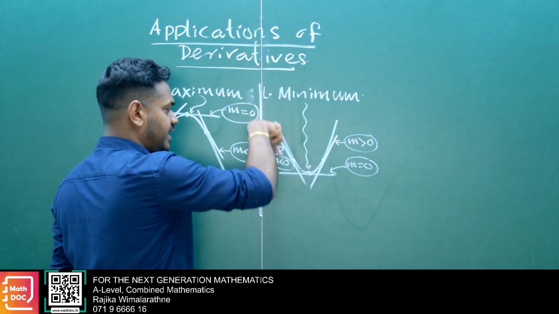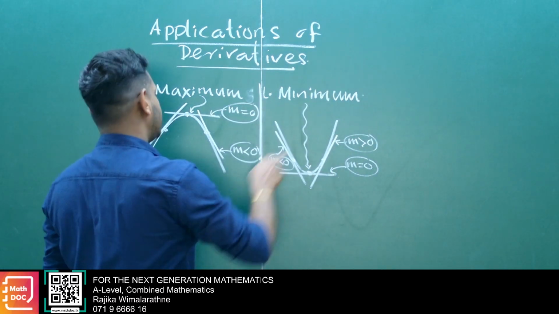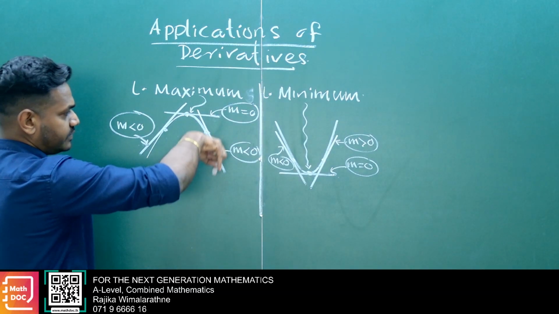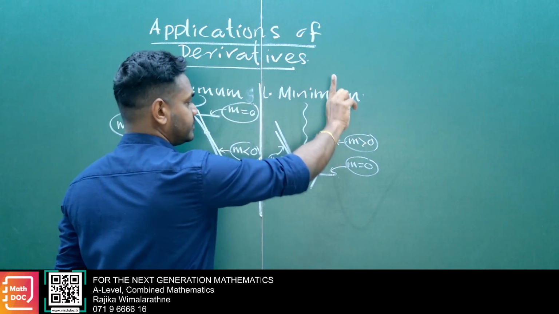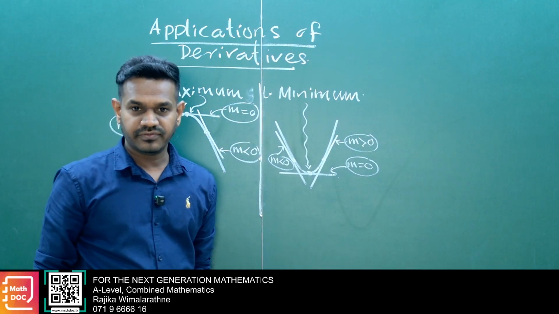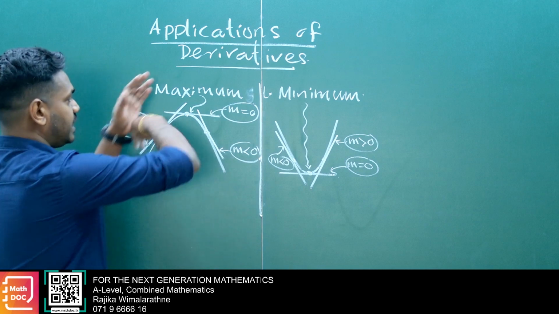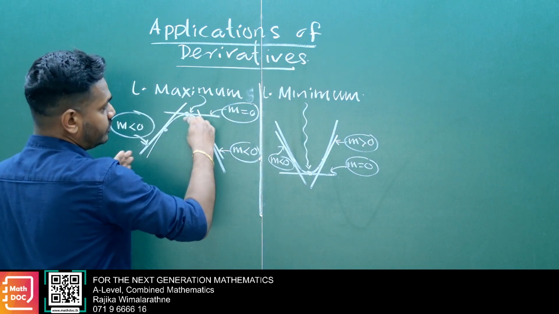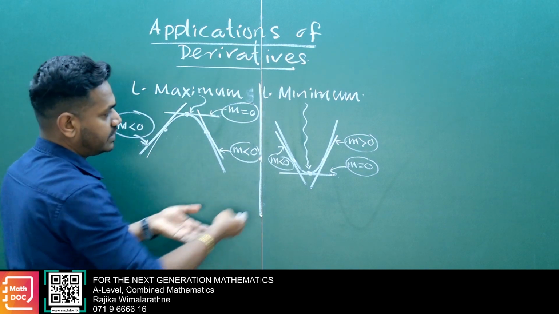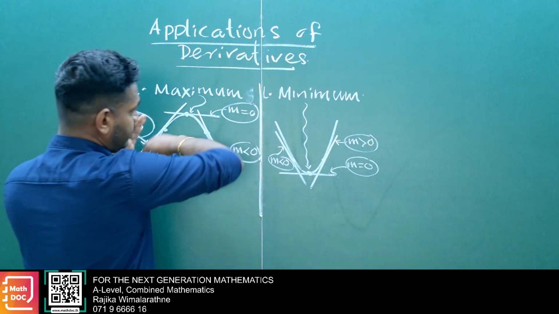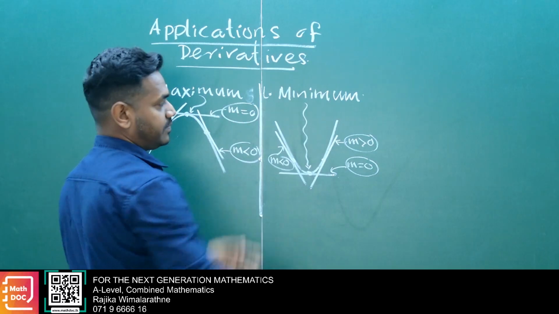Therefore here the gradient varies from negative to positive, here from positive to negative, and here from negative to positive. That's how we identify a maximum and minimum. This shape we call concave down, here concave down, here concave up, here concave down, and here concave up.